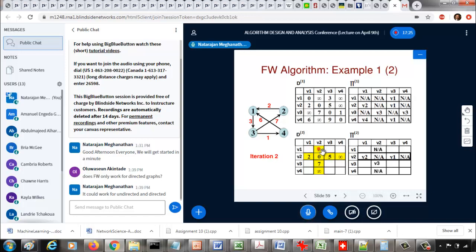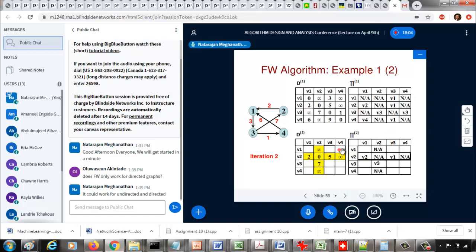This entry indicates the distance from V1 to V2, and this entry indicates the distance from V2 to V3. So V1 to V2 is infinity, V2 to V3 is 5. That's what I mean by picking the corresponding cell in the highlighted row and column. So infinity plus 5 is infinity. That is not less than what we know currently as the distance from V1 to V3. So we stay with what we know currently from V1 to V3, which is 3, and write down the corresponding predecessor, which is V1 for that cell.